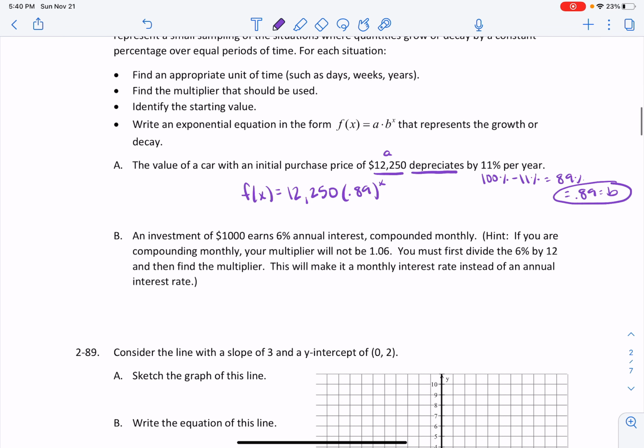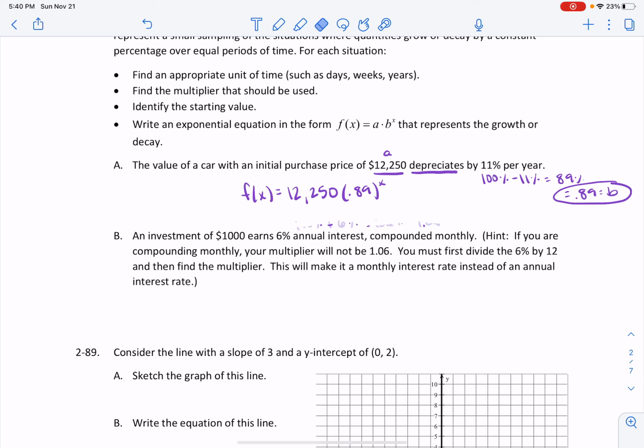Okay. For part B, an investment of $1,000 earns 6% annual interest compounded monthly. Hint, if you are compounding monthly, your multiplier will not be 1.06. You must first divide the 6% by 12 and then find the multiplier. This will make it a monthly interest rate instead of annual. So that's really important. Normally we'd be like, oh, well, 100% plus 6% is 106%, which is 1.06. That's our multiplier.